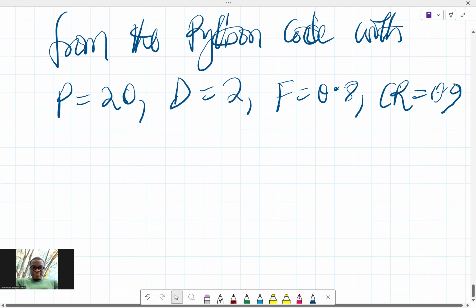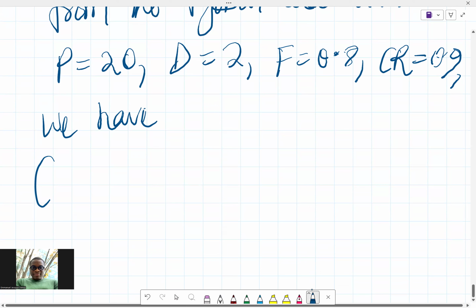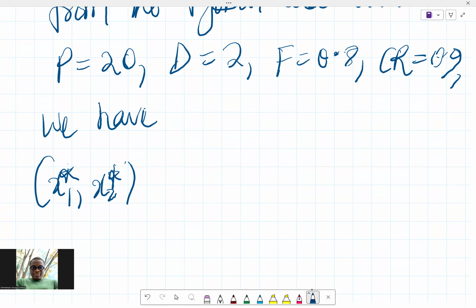So with that, we have, of course, the other criteria I should have mentioned, but you can see it in the code. So we have x1, actually, it should be x1 star, x2 star.